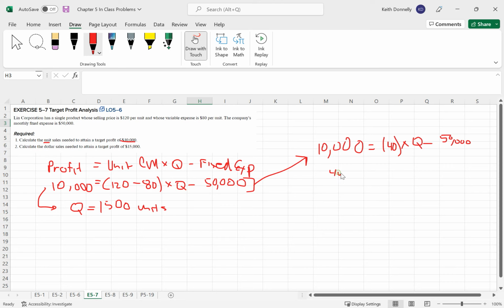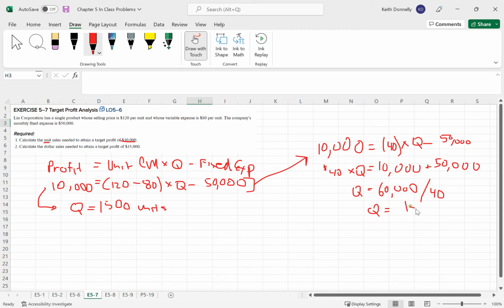So this is going to be 40, move that over to the left side, times Q equals 10,000 plus 50,000, and then from there, right, Q is going to equal 60,000 divided by $40.